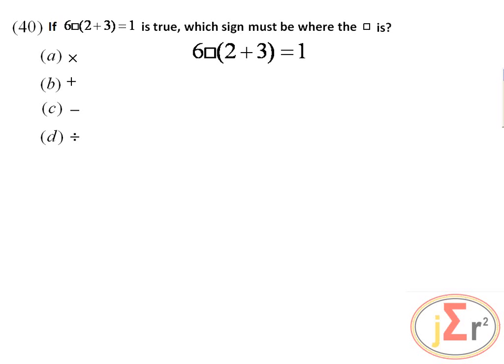If 6 square all of 2 plus 3 is equal to 1 is true, which sign must be where the square or the box is?